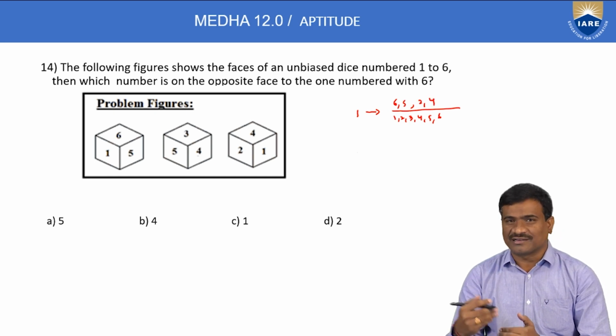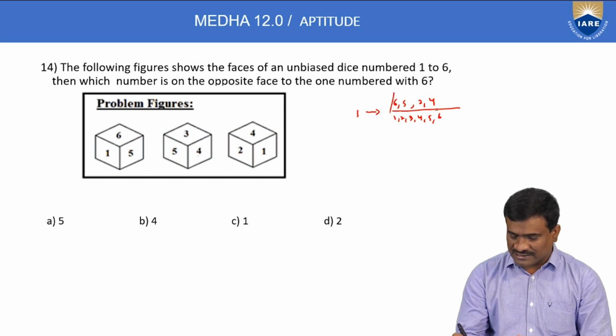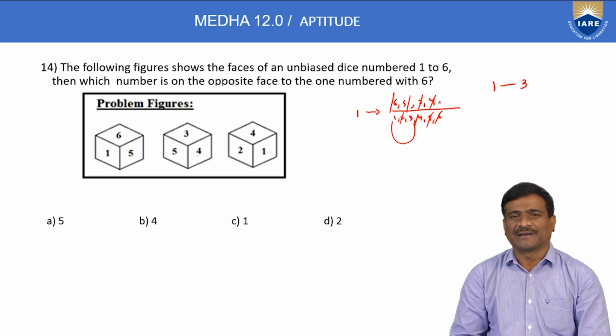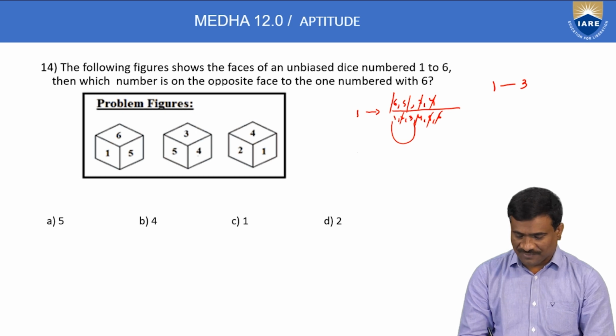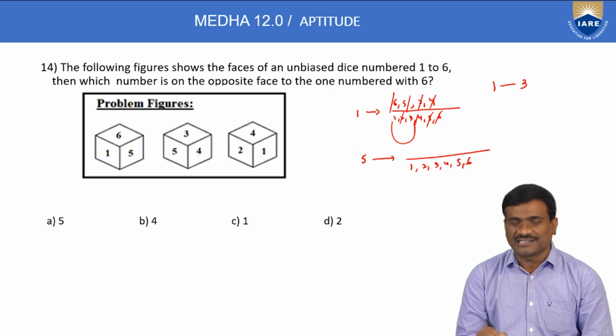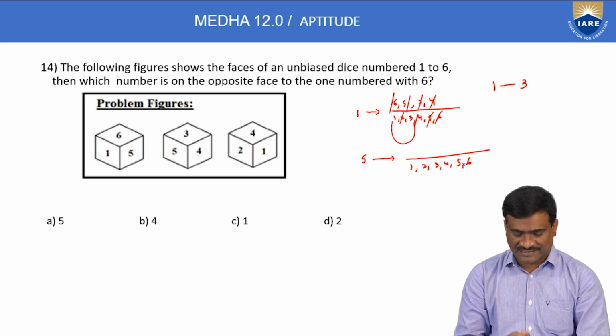Next part, cancel method. Here 6, 5, 2, 4 are cancelled. Remaining 1, 3, means 1 is opposite to 3, 3 opposite to 1. Similarly, next take 5. Same method. Denominator 1, 2, 3, 4, 5, 6. Numerator, 5's adjacent sides.